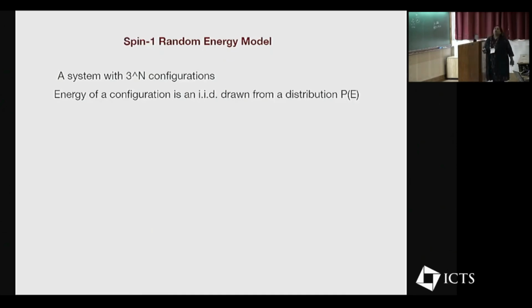So how do we go about the Spin-1 random energy model? Now we have Spin-1, so the spin can take 3 values: plus 1, minus 1 and 0. So we have a system with 3^n configurations, and we want to build a probability distribution P(E) such that the energy can be drawn from this, and energy is a stochastic IID variable.